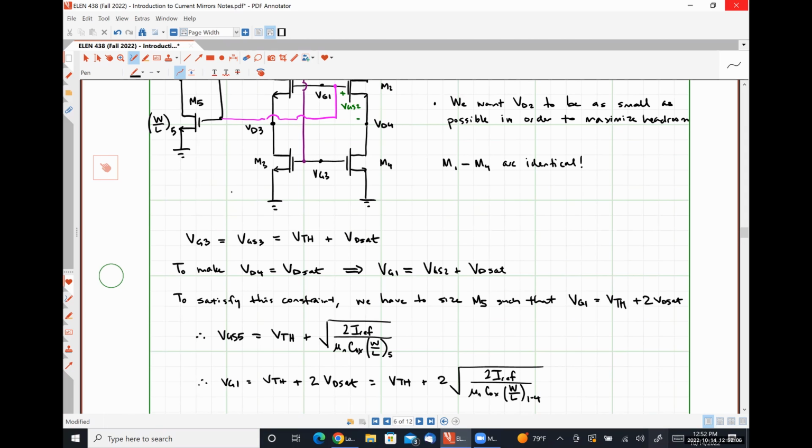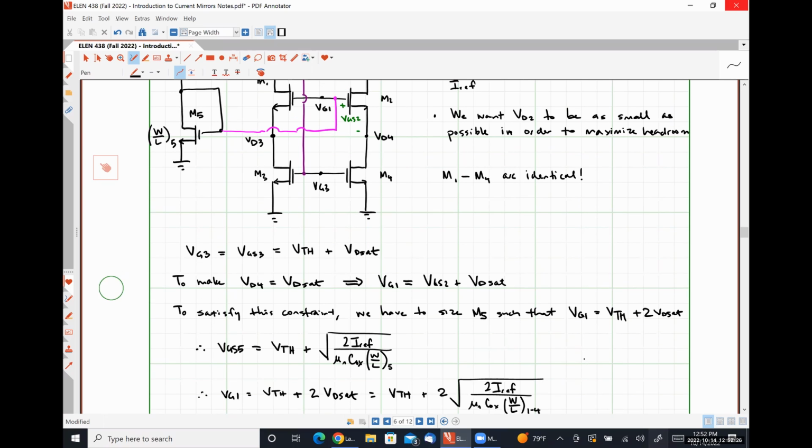This is achieved by sizing transistor M5 to a, I don't want to say specific value, but that number is really the minimum size for this thing. We can make it larger than that and it'll still work out correctly.